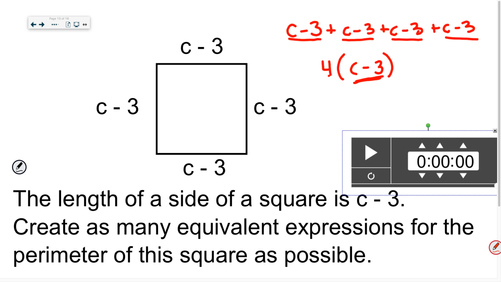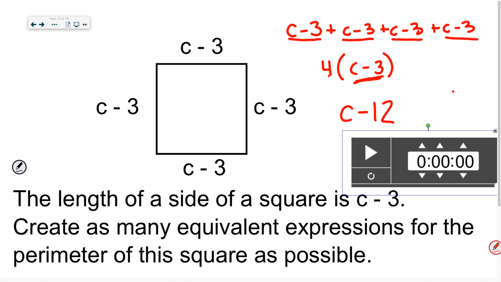Now, some of you did that. Good? Anyone want to fight me on that? The parentheses, or you're supposed to multiply the 4 by the outcome.